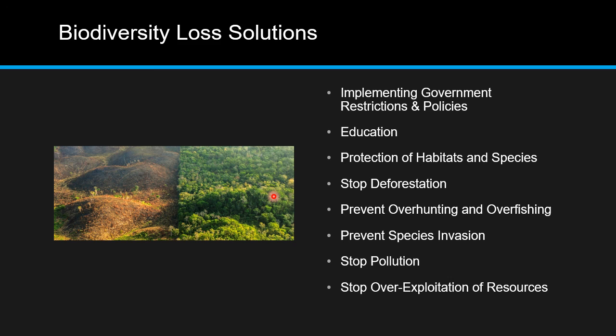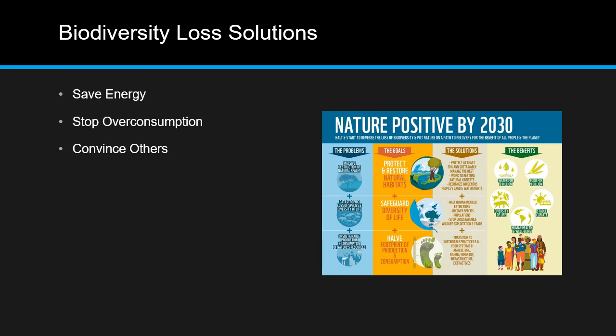Preventing overhunting and overfishing can also be a solution to biodiversity loss. So is preventing invasive species, stopping pollution, stopping overexploitation. Other biodiversity loss solutions include saving energy, stopping overconsumption, as well as just simply convincing others that biodiversity is a real issue with real-world implications.